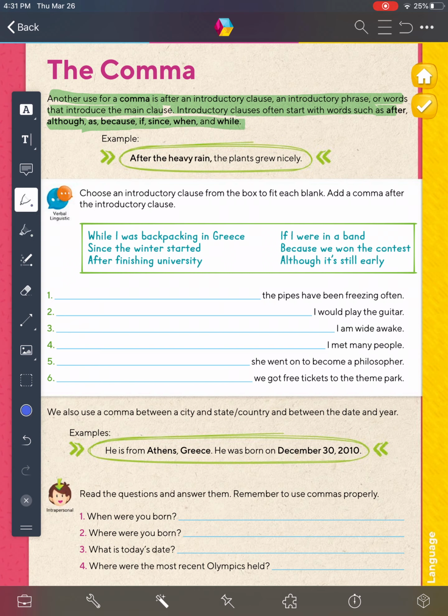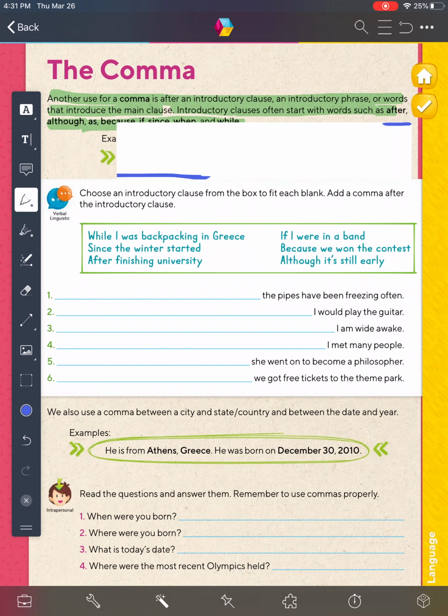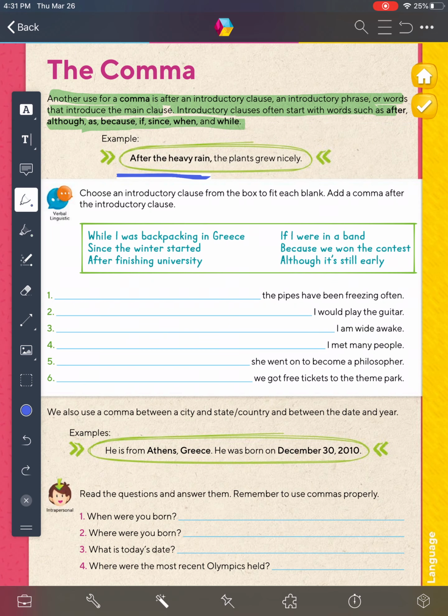As in the example that you have over there. After the heavy rain, that's a phrase, the plants grew nicely. So it's like giving more information about your main idea, and these are the keywords that you can find. After, although, as, because, and more.